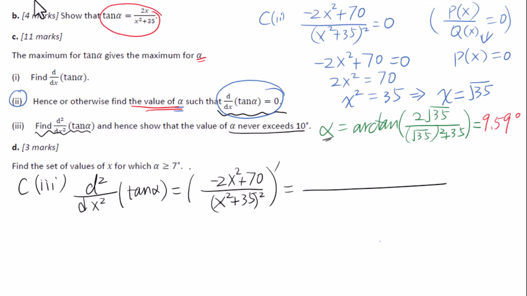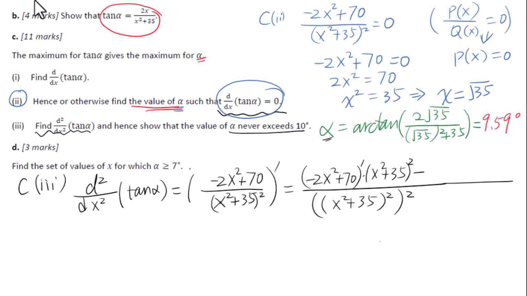Equals, we will use the quotient rule: x squared plus 35 squared, then squared, negative 2x squared plus 70 prime times x squared plus 35 squared, minus x squared plus 35 squared prime times negative 2x squared plus 70.